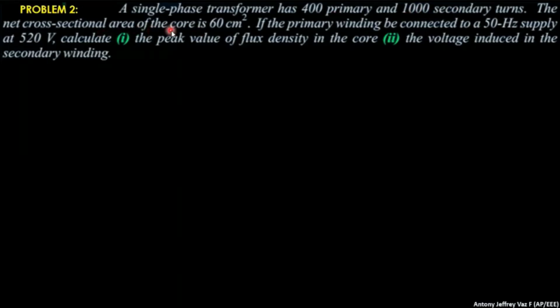The net cross sectional area of the core is 60 centimeters square, so A is equal to 60 centimeters square. The frequency is 50 hertz, so F is equal to 50 hertz, and the voltage supplied to the primary is 520 volt, so V1 is equal to 520.